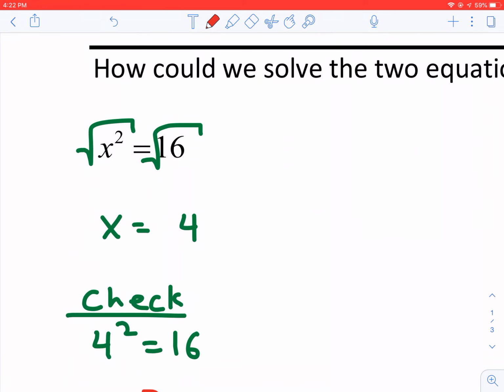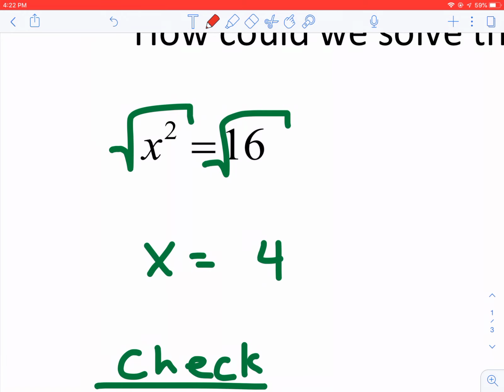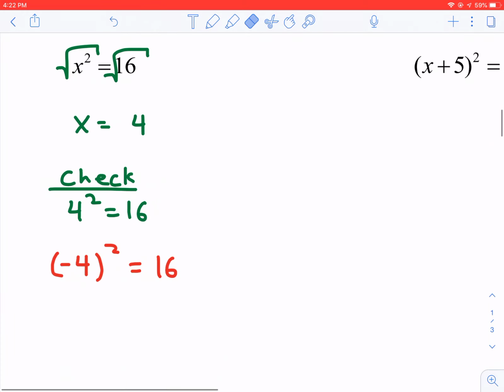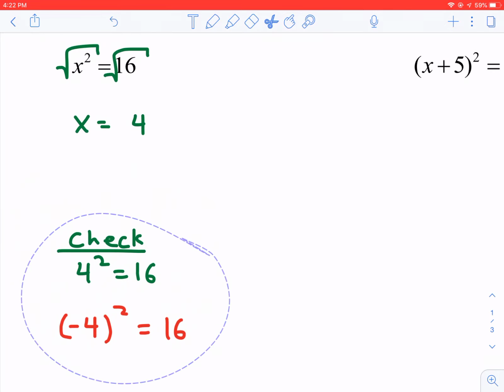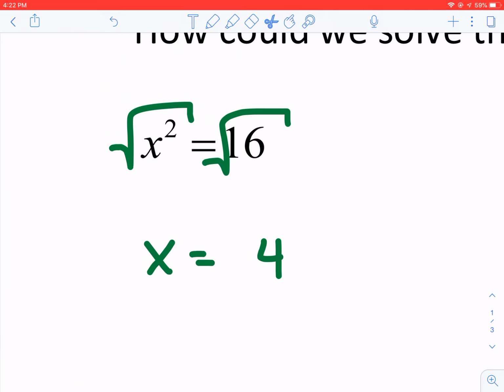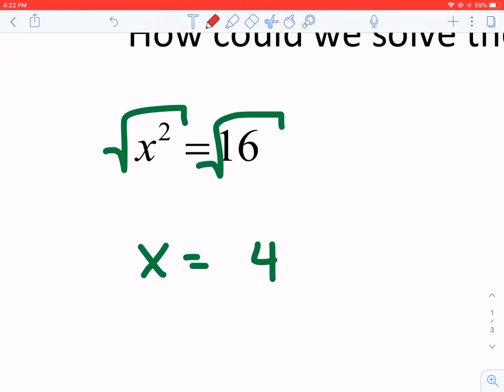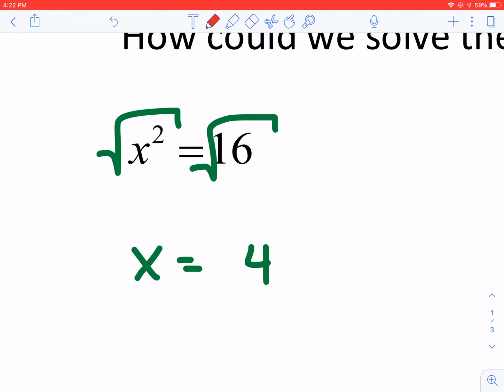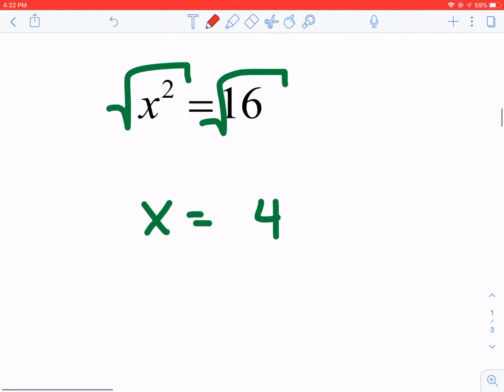So when you square root both sides like this, you always need to include a plus or minus as part of your answer, because the answer could be positive or negative 4. There is a special symbol we use to show it could be positive or negative.